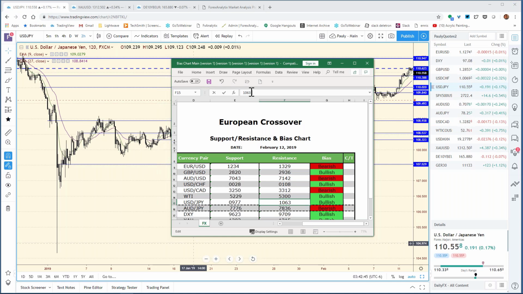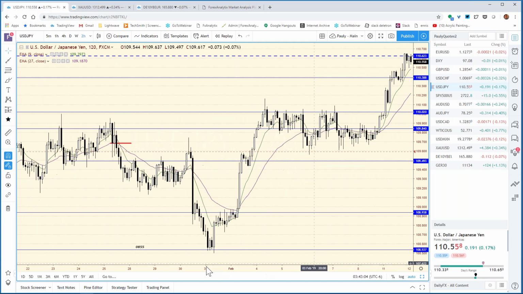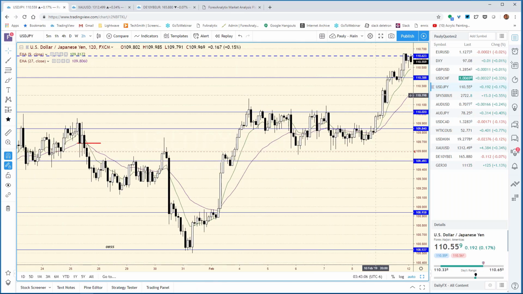So if we get past there, the door's open for 95. Whether they get there or not, I don't know. There's a little bit of resistance at 75. Let's see here. Support for right now is going to come in at 1024.